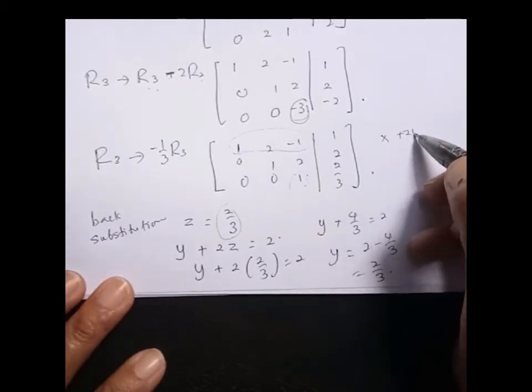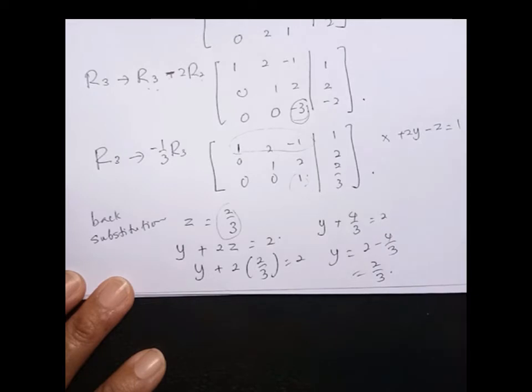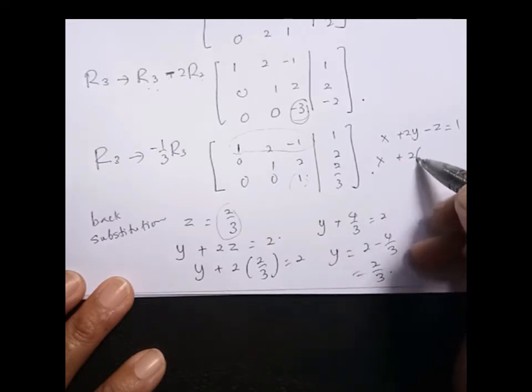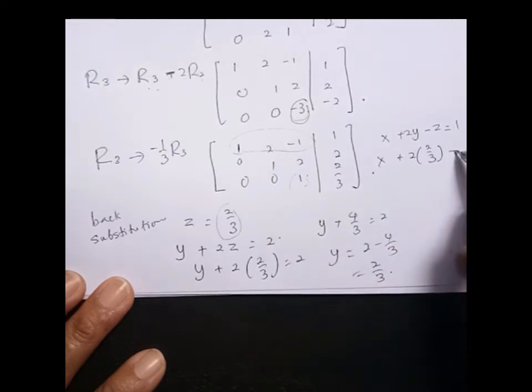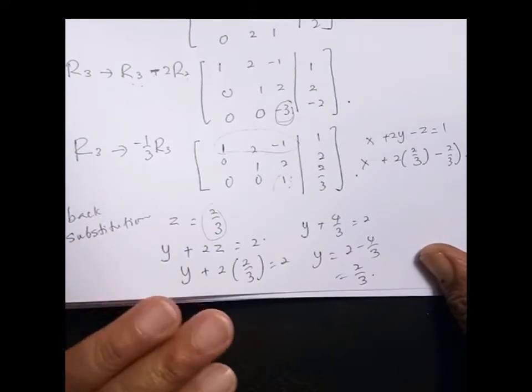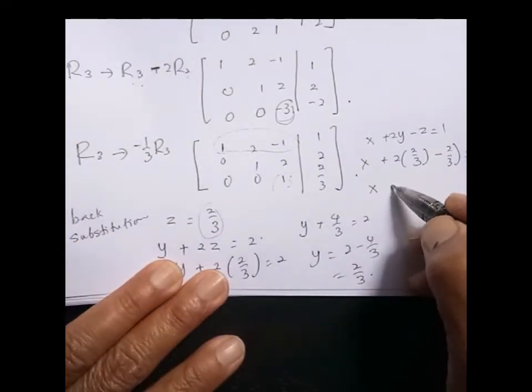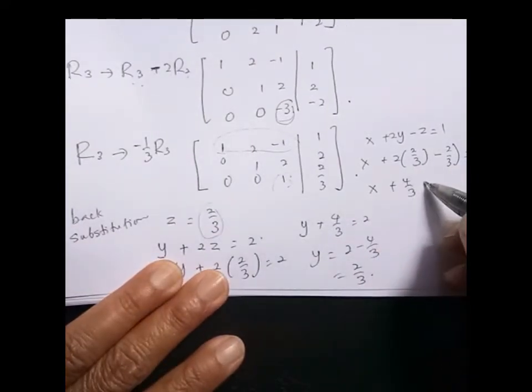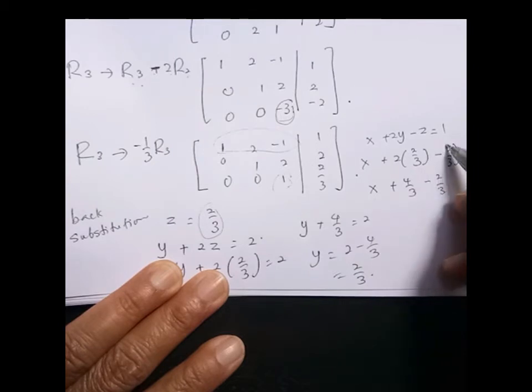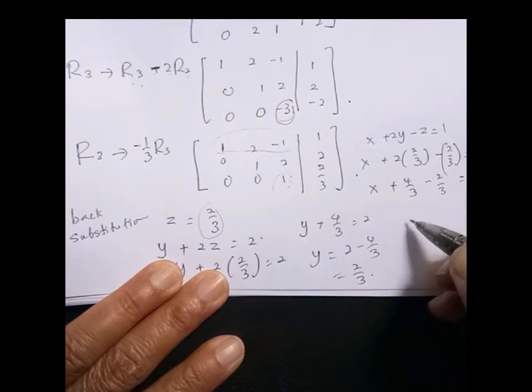Then here is X plus 2Y minus Z equal 1. So we have X plus 2 times 2 over 3 minus 2 over 3 equal 1. So X plus 4 over 3 minus 2 over 3 equal 1.